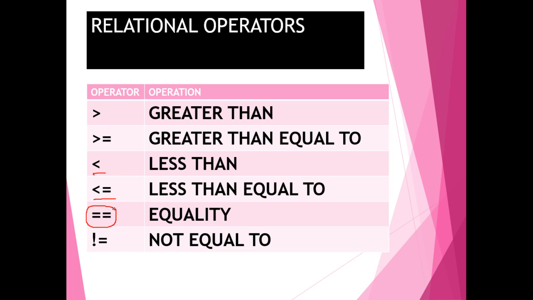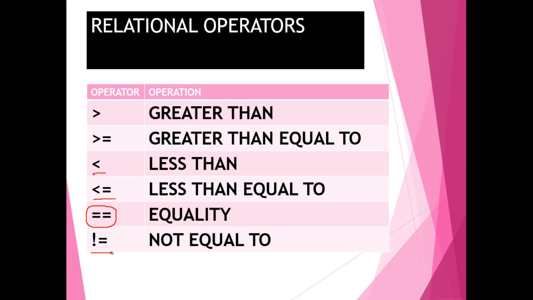We want to compare the values of two different variables, whether they are equal or not. In that case we use this operator, and this one is for not equal to. We have already discussed these operators in some previous chapters.